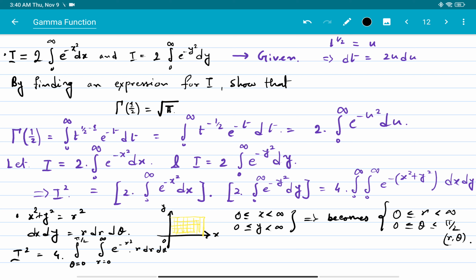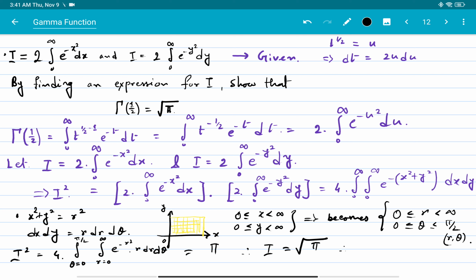Those who are aware of multivariate calculus will see that this result is nothing but pi. So I equals root over pi.